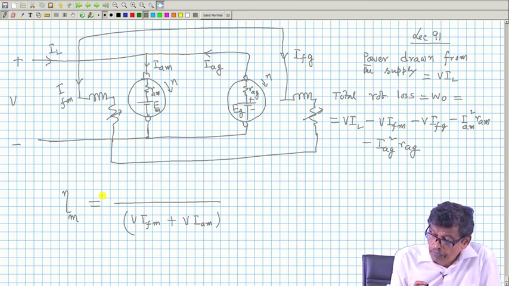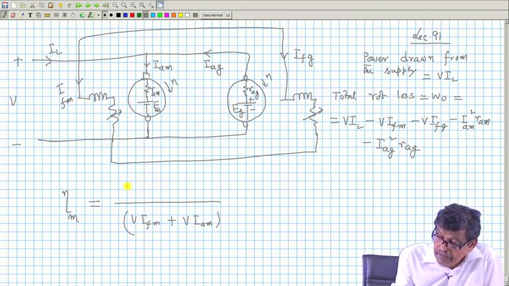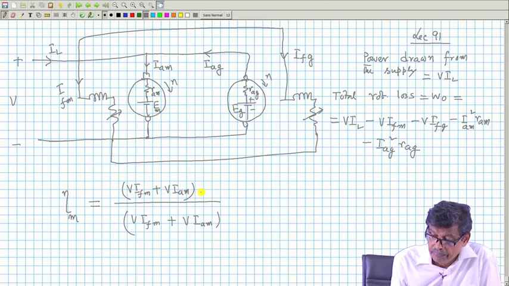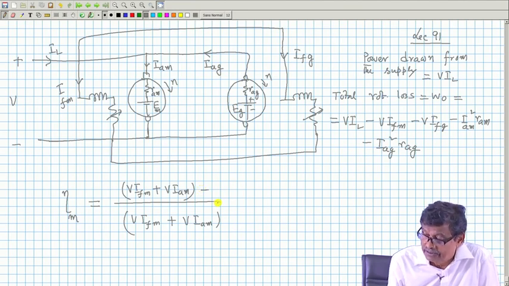And what will be the output power? Output power will be input power minus the losses.